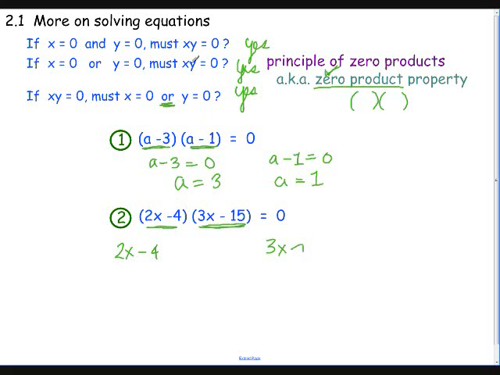Let's clean that up a little bit. We're going to set those both equal to 0, because if when they're multiplied together they equal 0, then one of them must be 0. I'll use the addition property of equality.